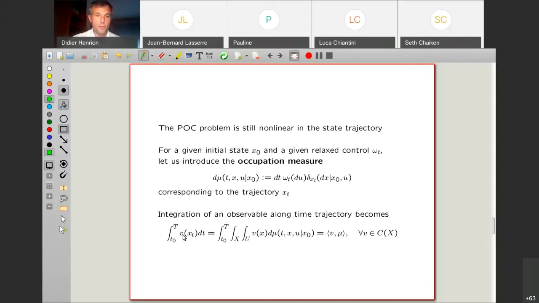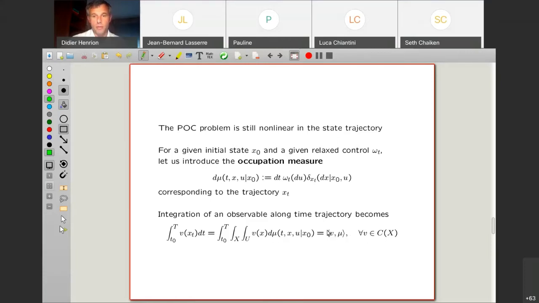A function of the state, maybe some energy I would like to evaluate, some performance criterion that I would like to evaluate. And from the definition of occupation measure, this time integration along trajectory is actually the same as integration of the occupation measure with respect to v.